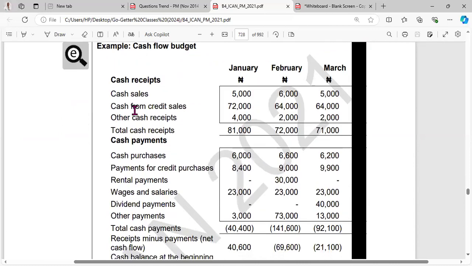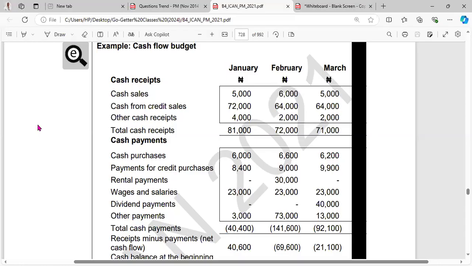It means that from cash sales, you have received in January 5,000, February 6,000, and March 5,000. Then the cash from credit sales, 72, 64, and 64,000. Then from other cash receipts, it could be sale of fixed assets.